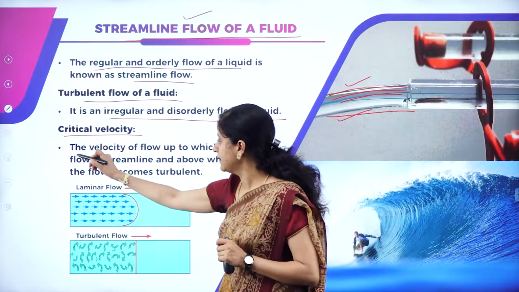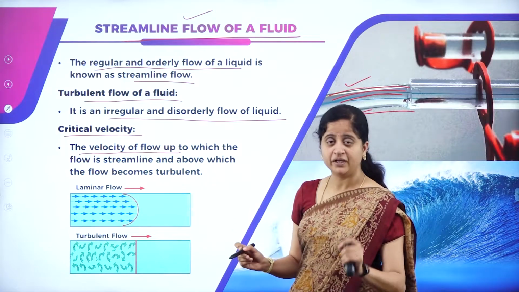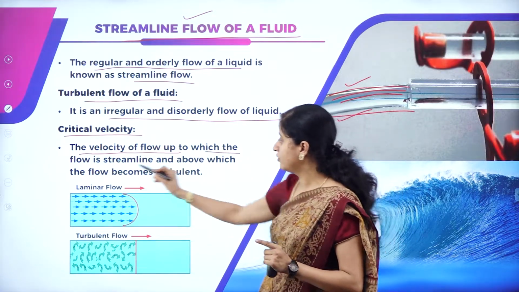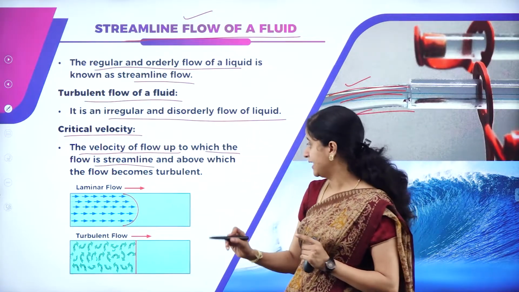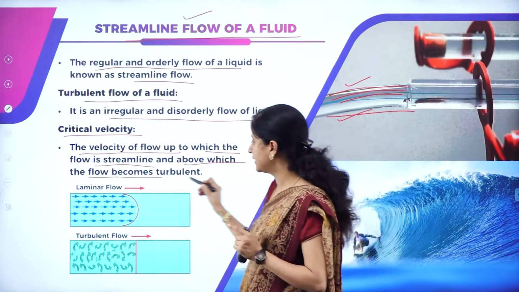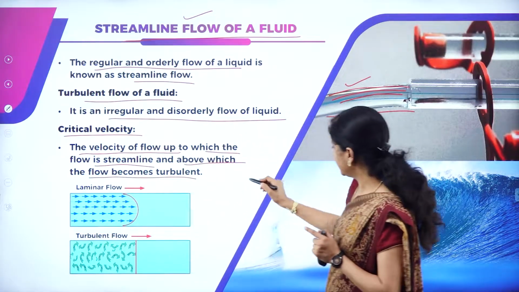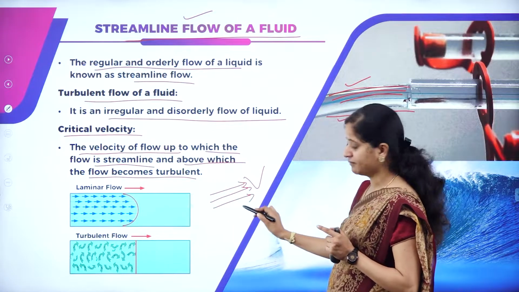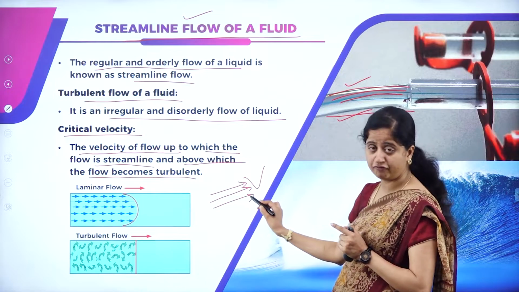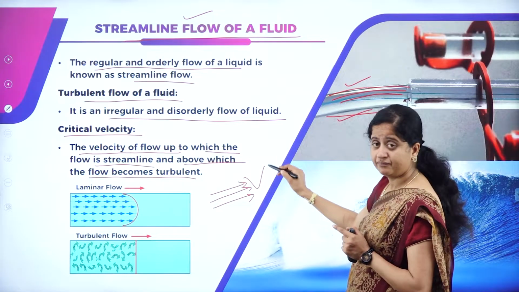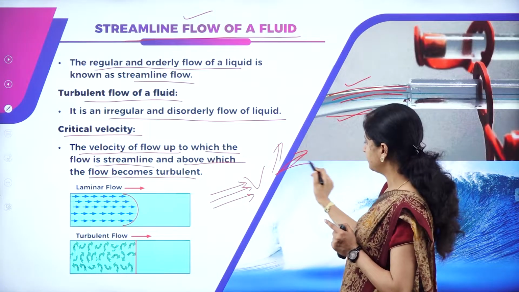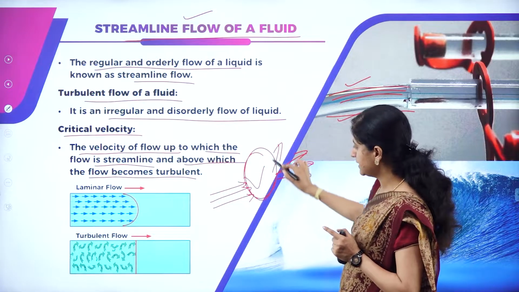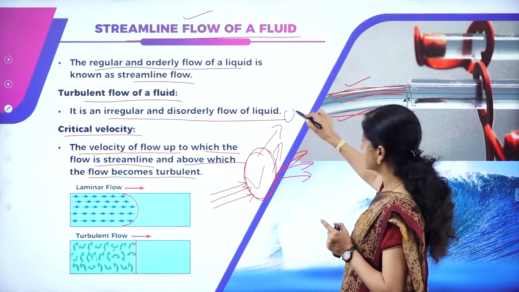It says that the velocity of flow up to which the flow is streamline and above which the flow becomes turbulent. One particular velocity up to which the flow is streamline, meaning the regular and orderly flow of liquid, above which the flow becomes turbulent. So this velocity is called critical velocity.